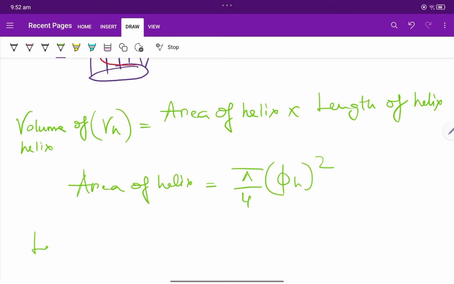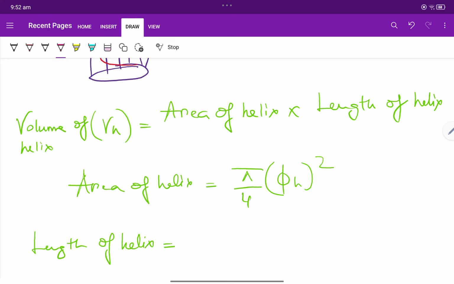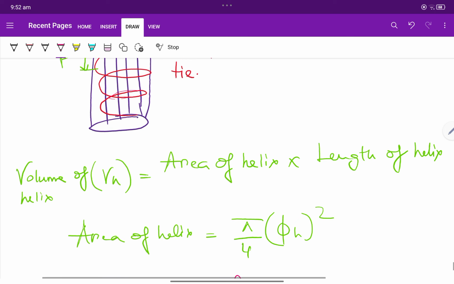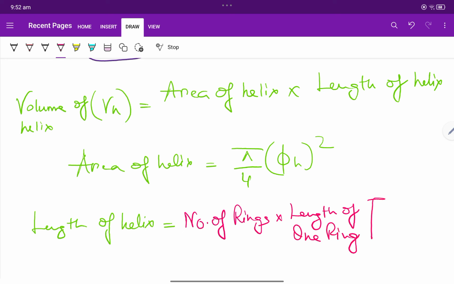The length, what will be the length of the helix? Here you have to see one thing, that is the number of rings, into the length of one ring. How can we find the length of one ring of a circular thing?